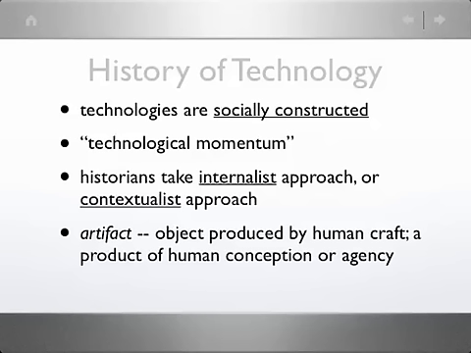You sometimes will also hear of technological artifacts, and these are artifacts that have a specific relation to technology or to the history of technology. And we might label anything an artifact. Artifacts do not have to be simply from the past. They can be present day, current things that we may label as an artifact.